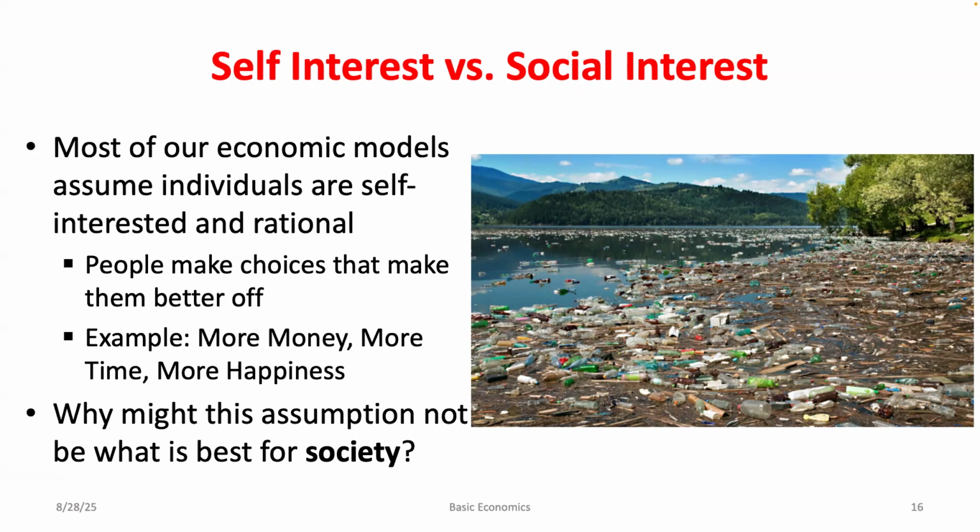So part of this class, what we'll do is we'll understand how individuals make decisions out of self-interest, but then we'll also analyze those same types of decisions and say, what would be in the best social interest? What will be best for society, right? You can even argue things like legalizing drugs, right? Well, maybe that allows people to make self-interested choices of using these drugs.